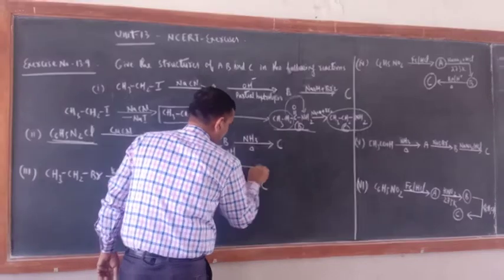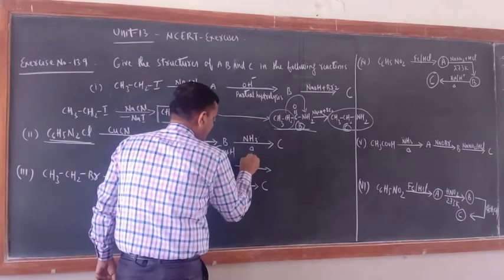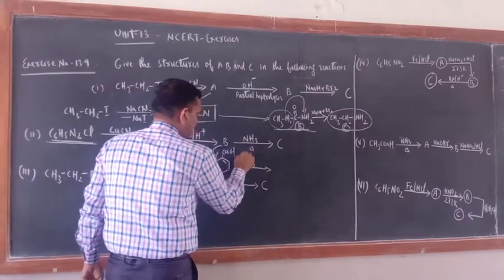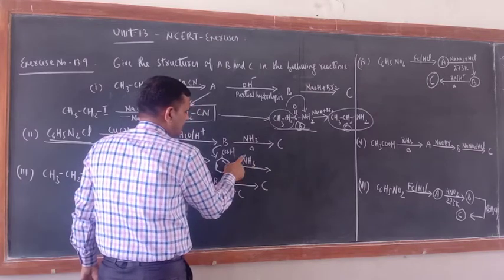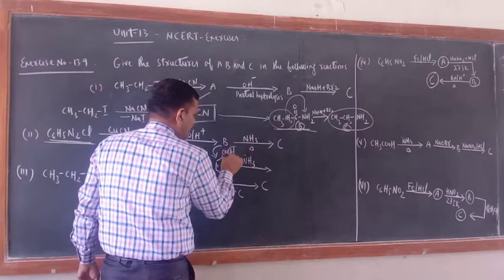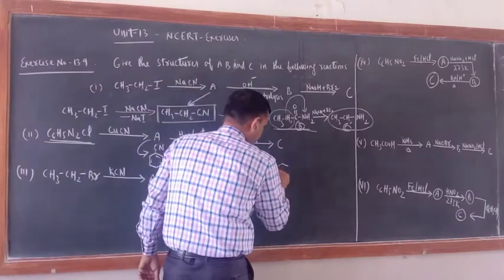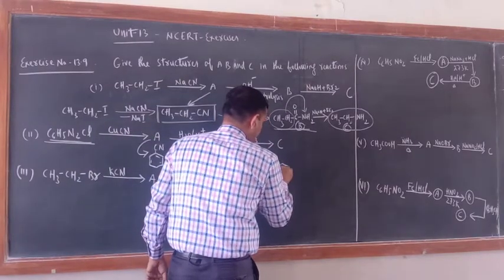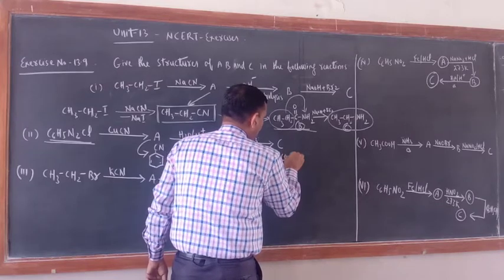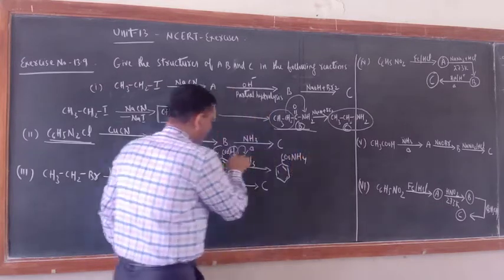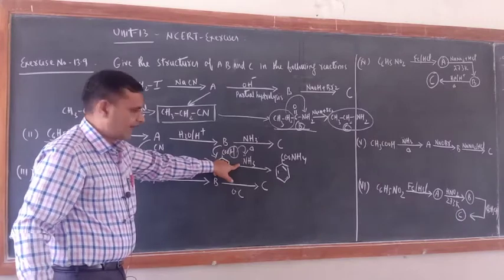What about this one? When it reacts with NH3, just see, this NH3 is a basic compound, so the H of the acid will come here. The product would be COONH4, and this H will go to NH4.